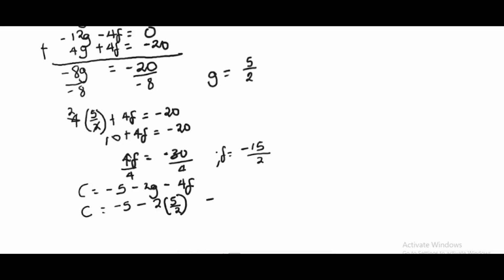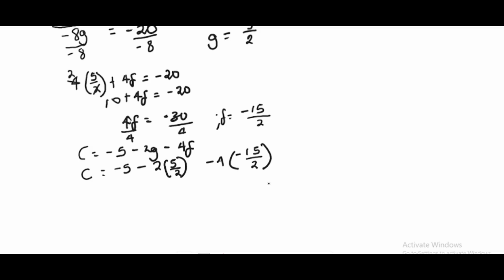So what's our C going to be? We'll have minus 5. So these two will cancel this. So minus 5 minus 5. Minus times minus is plus. 2 here, cancel 4, will give us 2. And then 2 times 15 will give us 30. So minus 10 plus 30 will give us 20. Okay, so our C is 20.